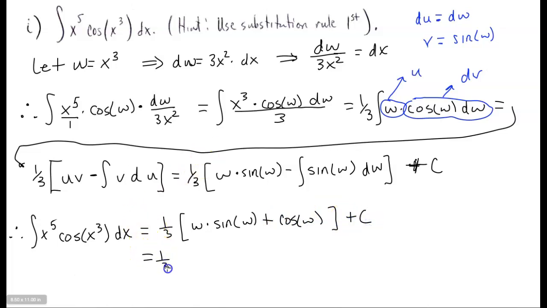And so from there, we'll now go and substitute back x cubed where we see w. So that'll be x cubed sine of x cubed plus cosine of x cubed, all that plus C. And let's make that x look a little better.